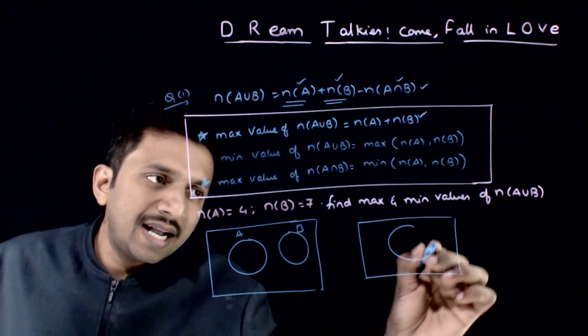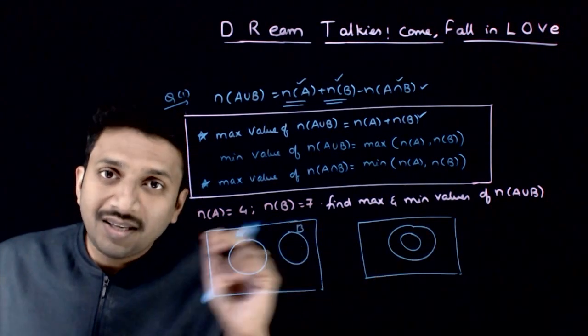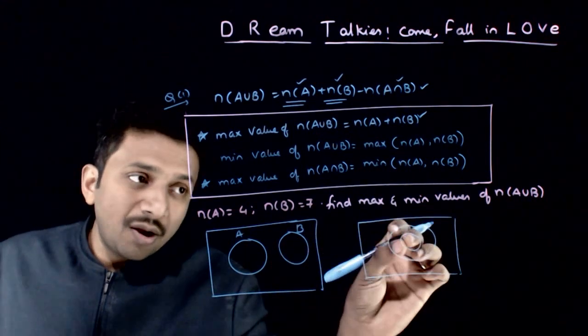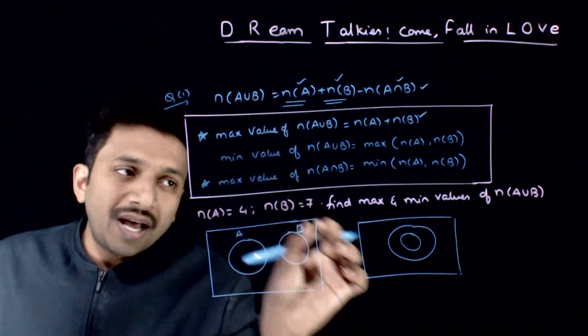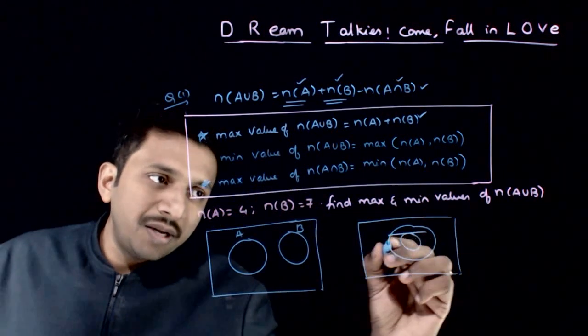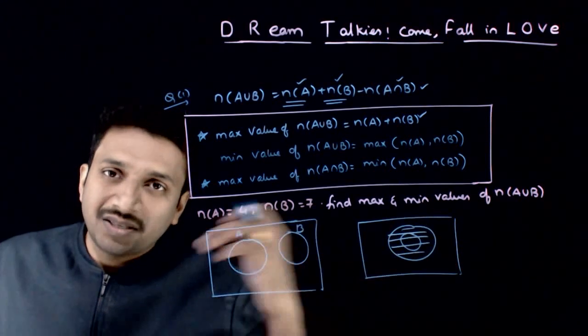So if the smaller set lies inside the bigger set, then n of A intersection B will be maximum, and this ensures the minimum value of n of A union B. So n of A union B will be exactly the same as the number of elements in the bigger set.